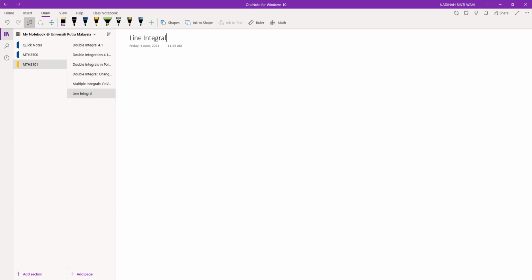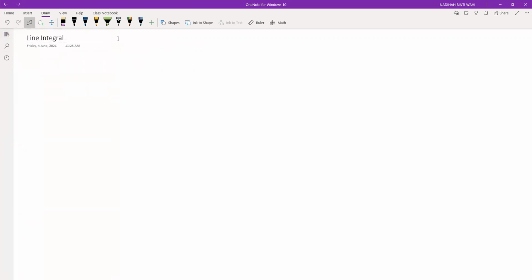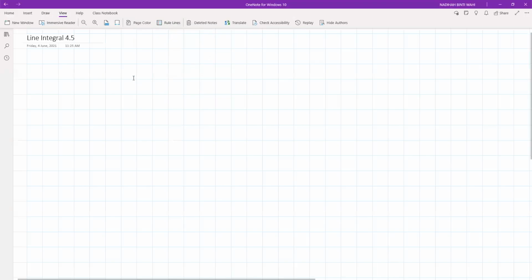Line integral. Okay, so we will go to the next topic, which is line integral. This is in 4.5. Okay. What is line integral?